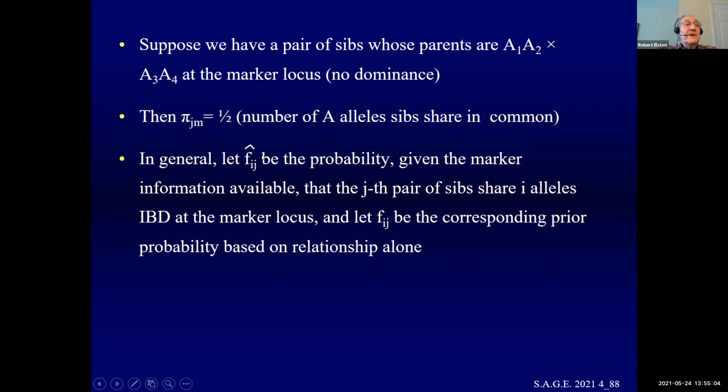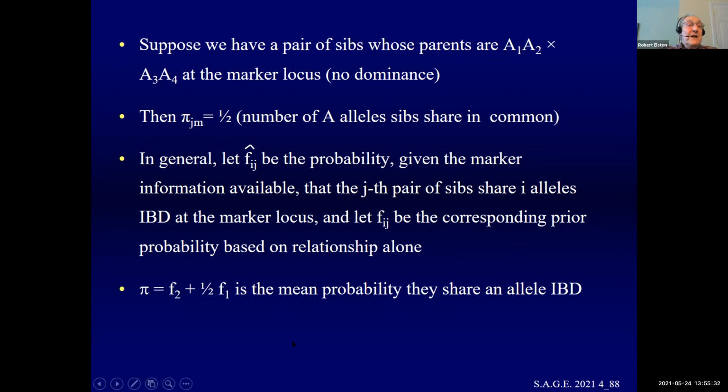In general, we can let f-hat_ij be the probability, given the marker information available, that the jth pair of sibs share i alleles identical by descent at the marker locus. The prior probability would be based on relationship alone; the one with a hat on is what you estimate when you've got marker data. So the mean probability they share an allele identical by descent is the probability they share 2 plus half the probability they share 1. This is the basis of the mean tests in SIBPAL.